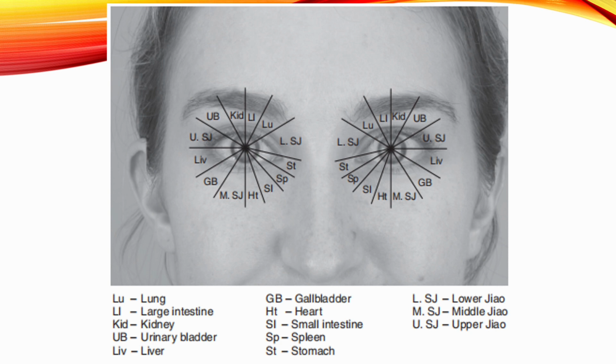The middle jiao is everything between the diaphragm and the umbilicus, which includes the middle back, upper abdomen, and the zangfu of that area. The lower jiao includes everything below the umbilicus, including the lower back, the hips, the abdominal cavity, the reproductive and urinary systems, and the legs.